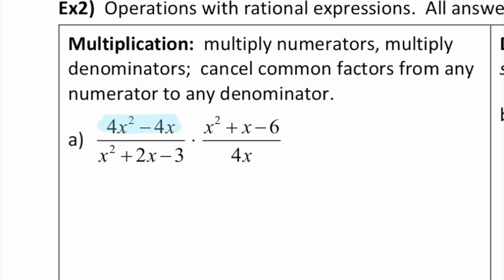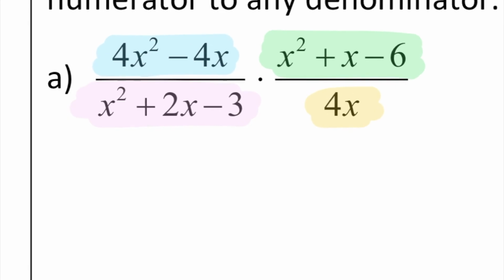So for example, I say here I have a numerator, a denominator, a numerator, a denominator. And I see that all but the second denominator can be factored. And I'm going to start with the first numerator. There's a GCF of 4x that's in both of the terms. And so that's going to be 4x outside parentheses times x minus 1.